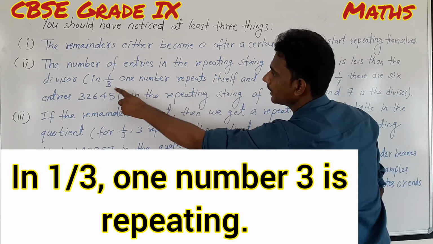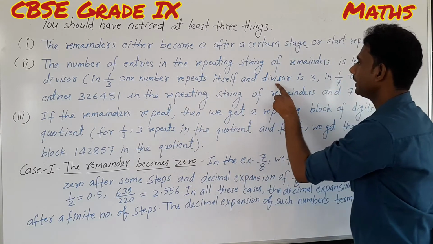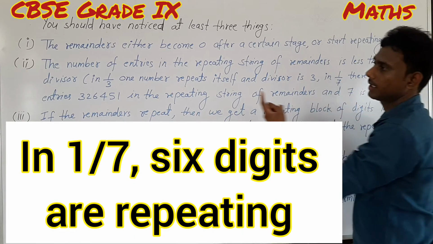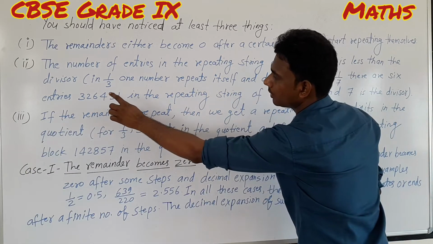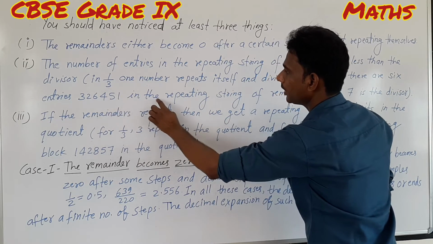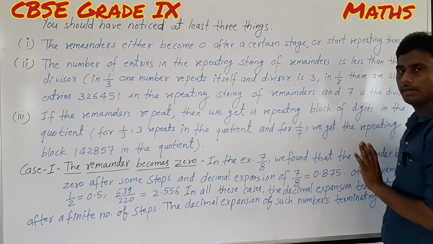In 1 upon 3, one number repeats itself and the divisor is 3. In 1 upon 7, there are 6 entries: 3, 2, 6, 4, 5, 1 in the repeating string of remainders and 7 is the divisor.